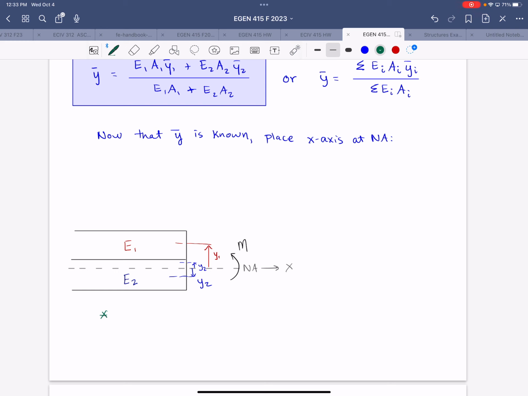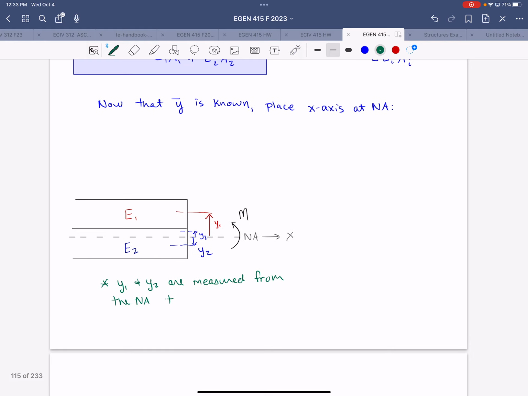So I'll note down here that y1 and y2 are measured from the neutral axis to the location of interest within those areas, and emphasize that y1 and y2 are variable.